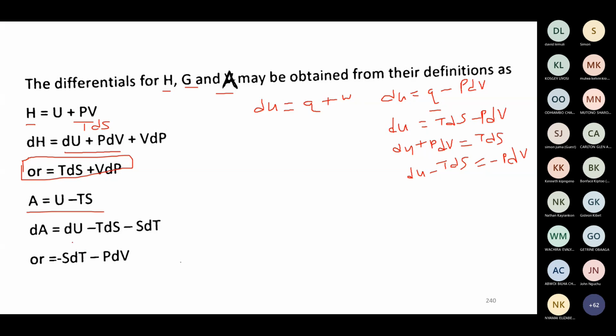So we can replace with minus P dV. Essentially, the expression we end up with is dA equals minus SdT minus P dV. So this is another important expression.